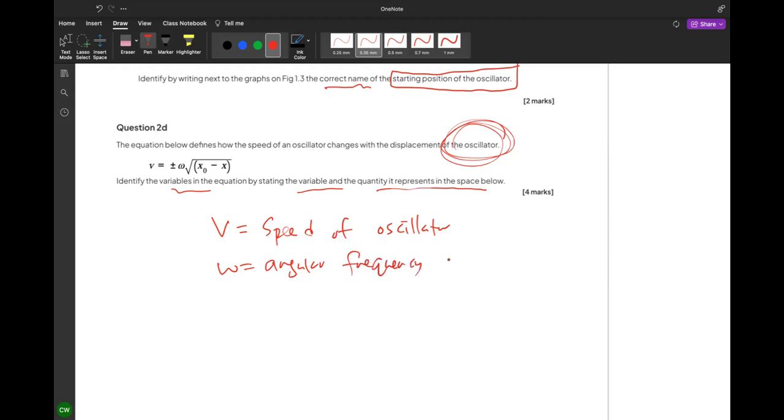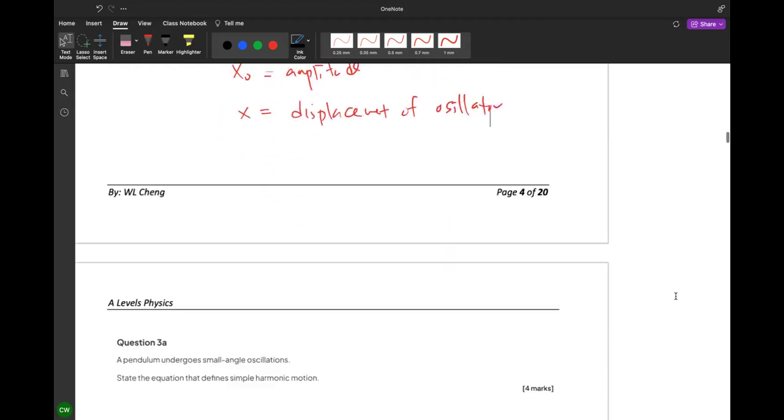Normally we call this one angular frequency of the oscillator. S naught stands for what? Amplitude. Correct. S stands for what? Displacement. Correct. Displacement of the oscillator.